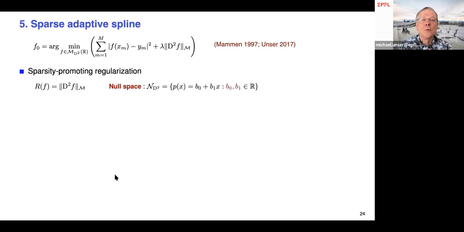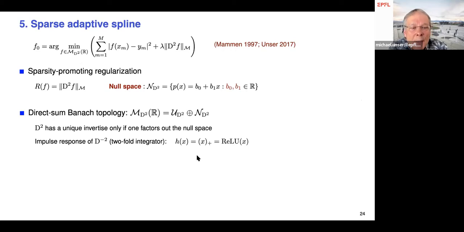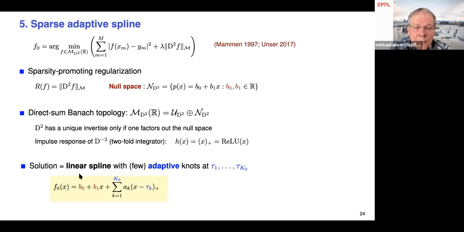Then we can do the same with splines, also using the M norm of the second derivative. Here again there's a problem because we have a non-empty null space, but again we can use a direct sum separation of the space, and the second derivative has an explicit inverse, so we can crank out this theorem that tells us the solution.